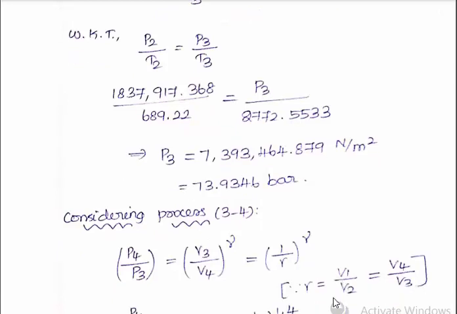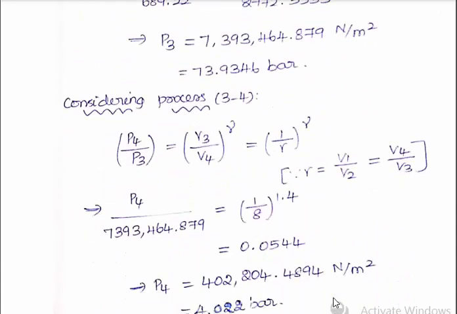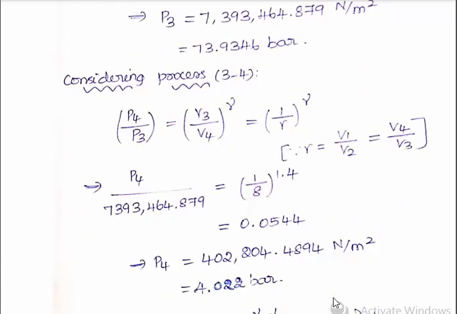Next, to calculate the pressure and temperature values at point 4, considering the process 3 to 4, it is adiabatic expansion process. So the relationship between P and V for isentropic process, P4 by P3 is equal to V3 by V4 power gamma. So here also we can use the compression ratio relationship.